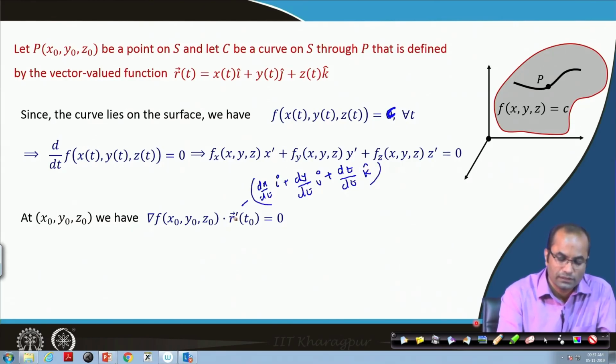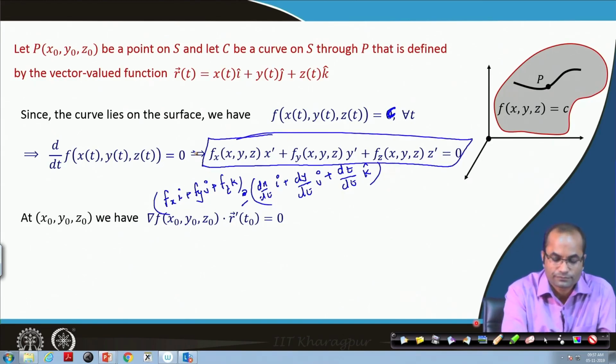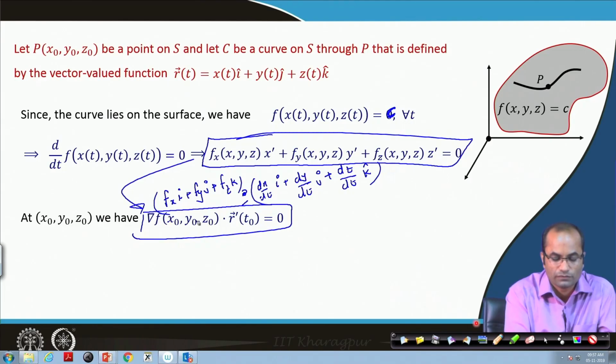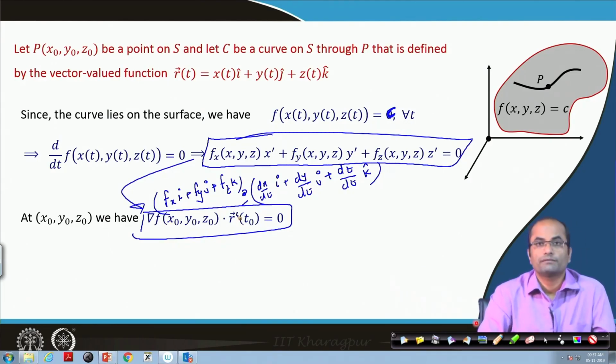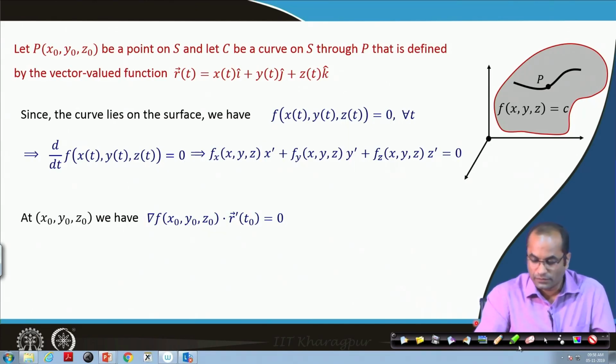So, this was r prime, and then its dot product with the gradient of f, which was defined as the partial derivative of f with respect to x times i, the partial derivative of f with respect to y times j, and the partial derivative of f with respect to z times k. This dot product will exactly give this equation. So, we have written this equation in this form: the gradient of f dotted with this tangent vector r prime. So, what is the situation now?